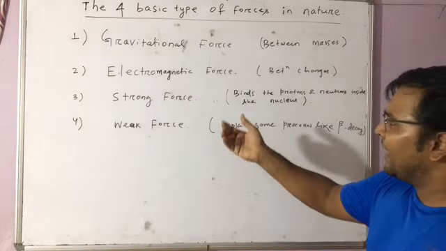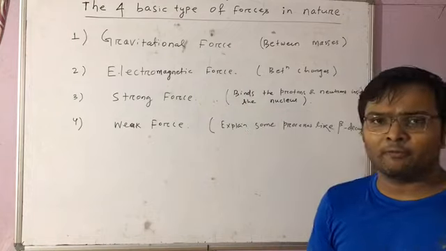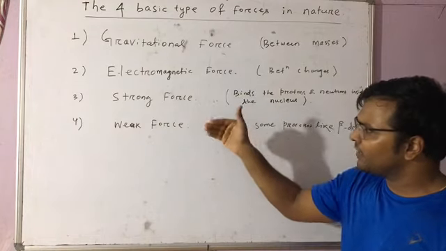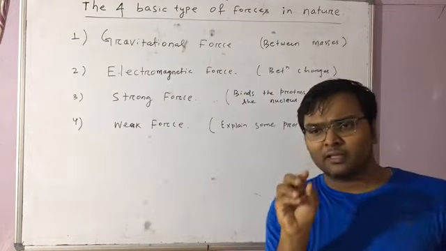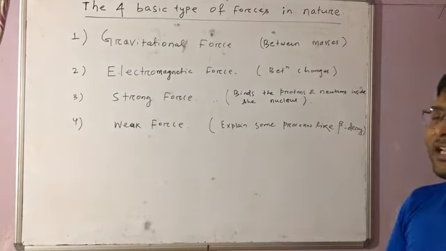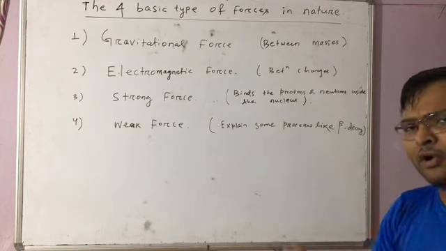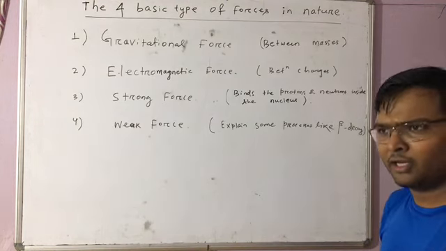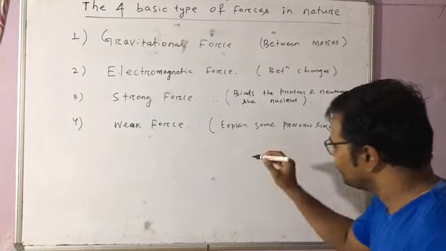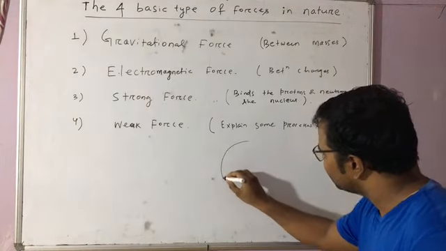Clear? And these two, strong and weak forces, are actually strong and weak nuclear forces. They deal with the forces that exist within the nucleus. Let me explain to you. This nucleus concept is already known to you from your standard 10th, with a very simple atomic structure. Atom is what?